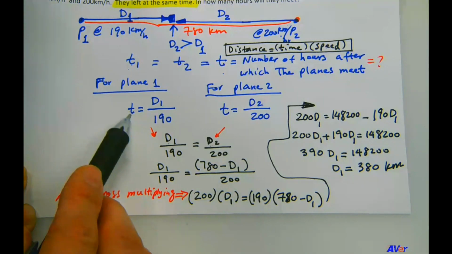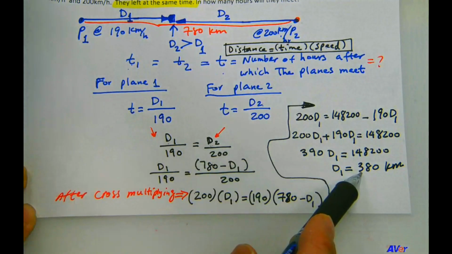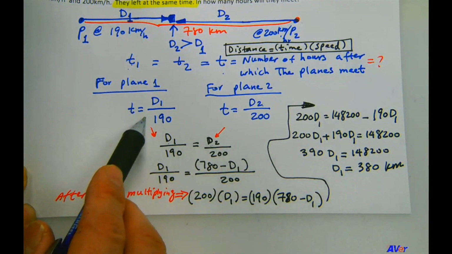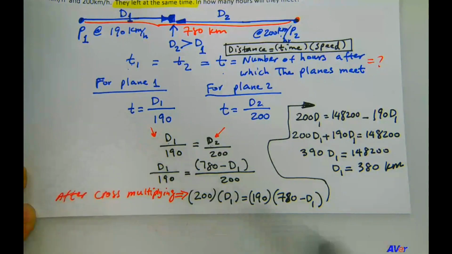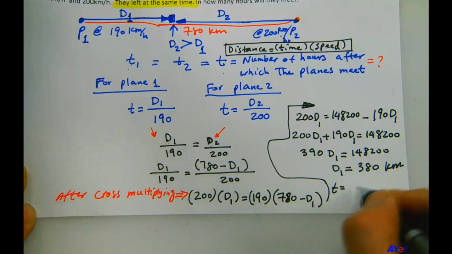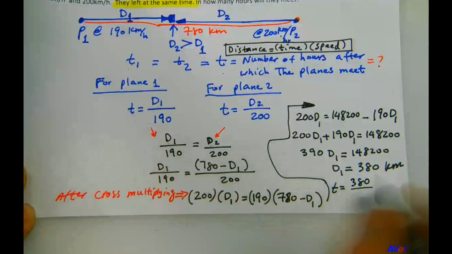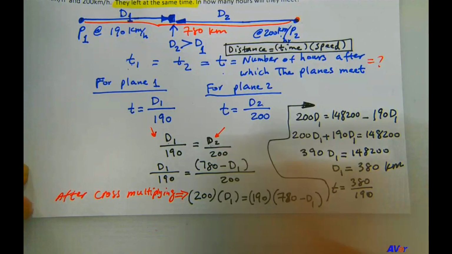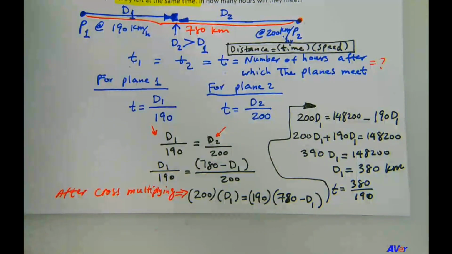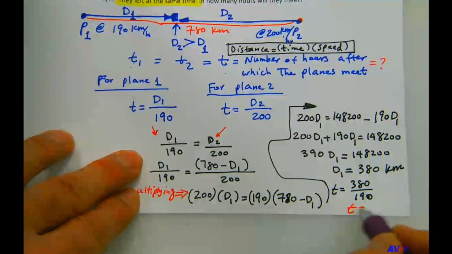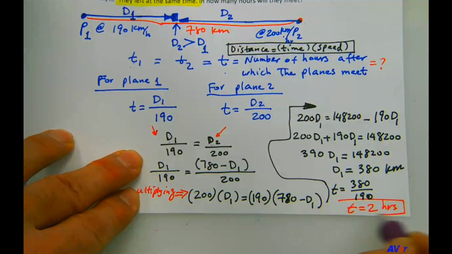So all we have to do is plug that 380 into this equation to find time t. So t is equal to 380 for D1 divided by 190, right? Which is 2. So T equals 2 hours. And that's the final answer there.